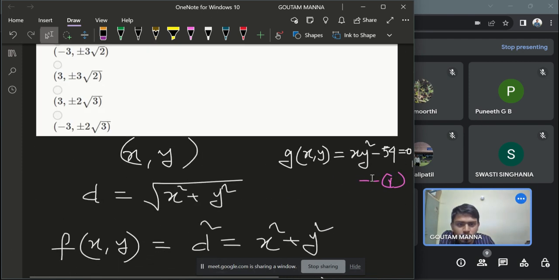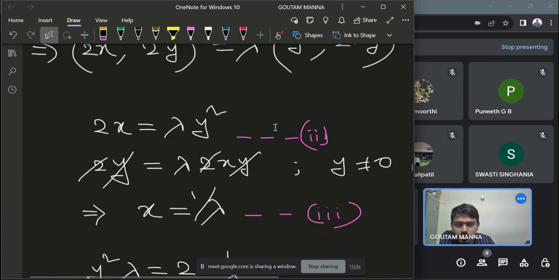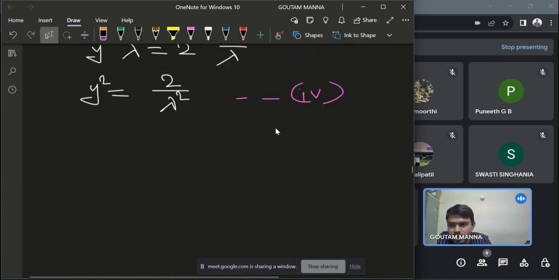And now if I put this value of x and y in equation 1, we have x y square equals 54, right?